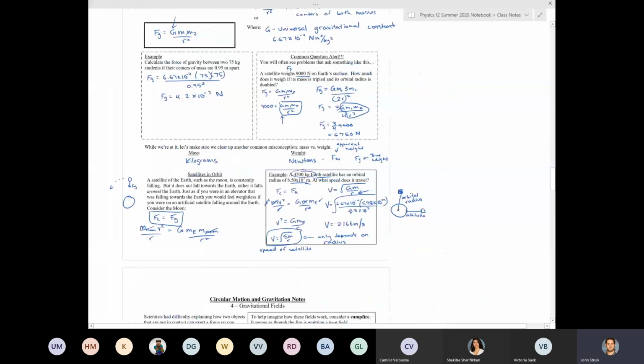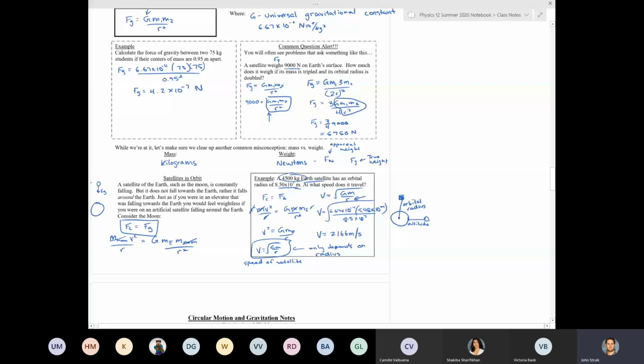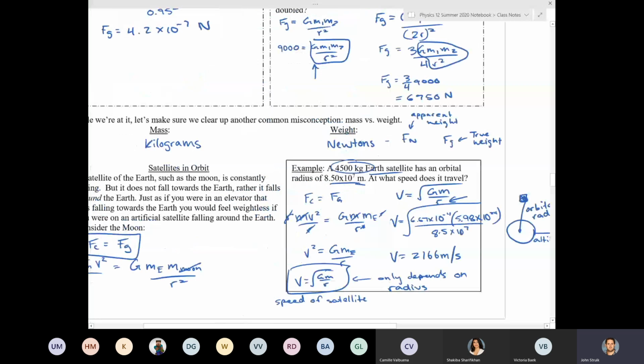One thing I'm going to say is notice how I'm not using mg anymore. Whenever I have FG, I'm not using mg. It's fine if you're doing things on the surface of the Earth, but during this unit, you're never going to use mg, because the value of g is not 9.8 where the satellite is.